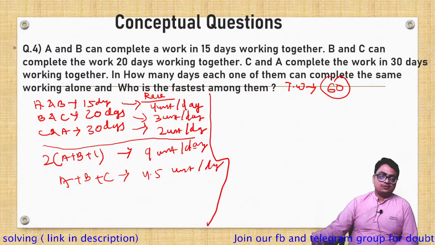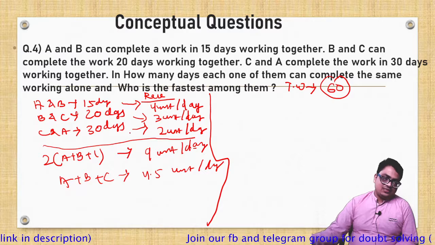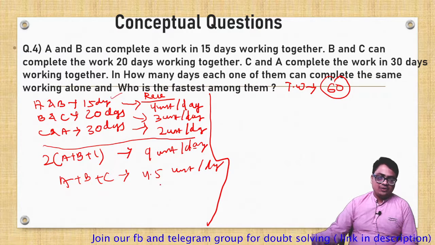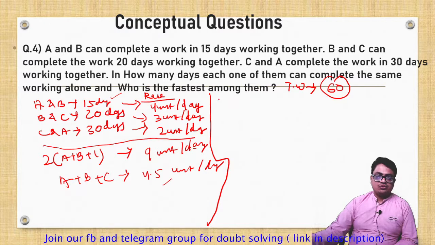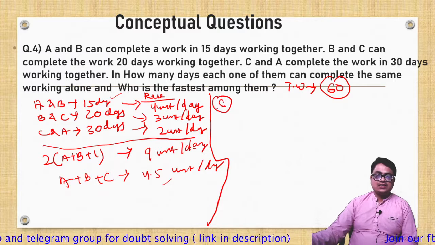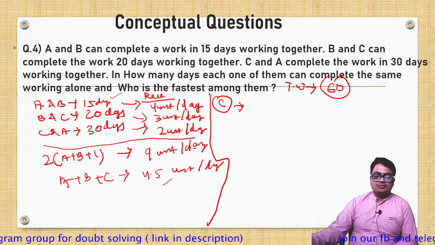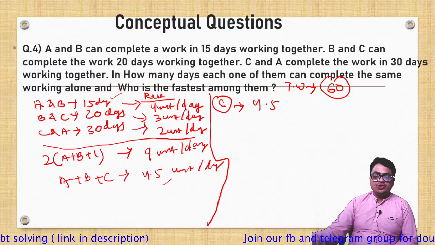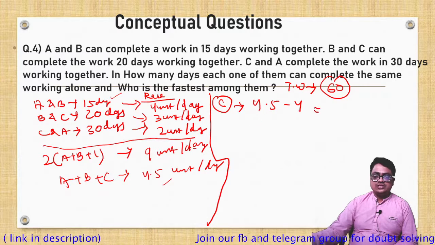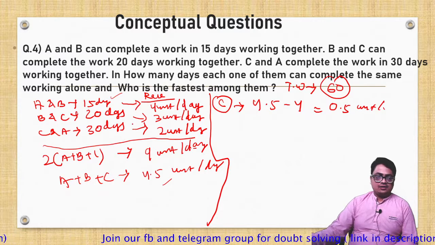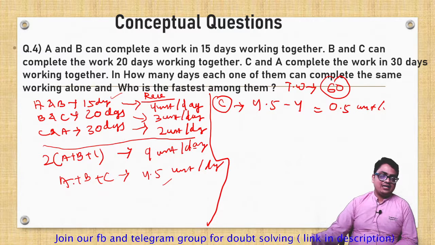Now you know A plus B plus C, and you know A plus B. So you can find out C from the first expression. The rate for C will be 4.5 minus 4, this will be 0.5 unit per day. B and C is given and A plus B plus C is given.